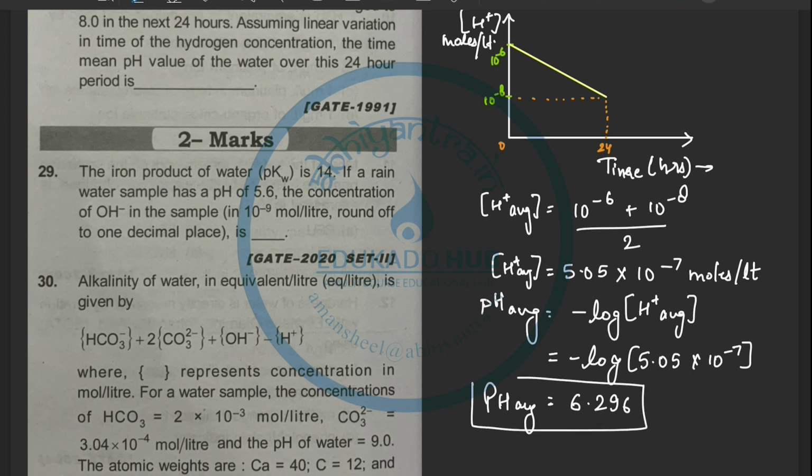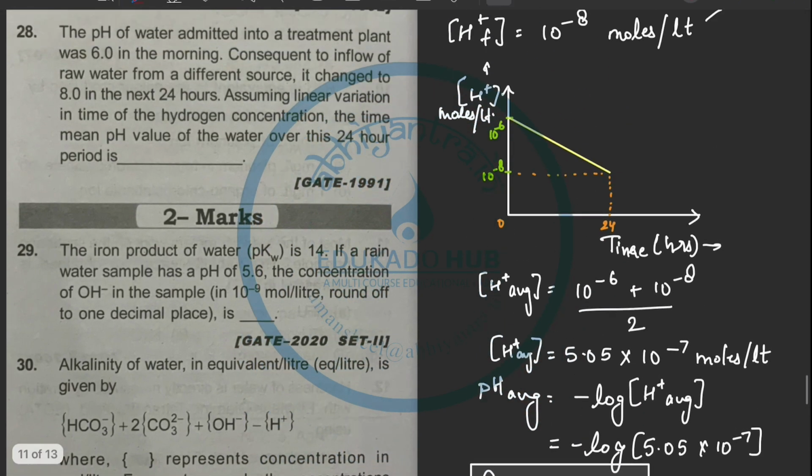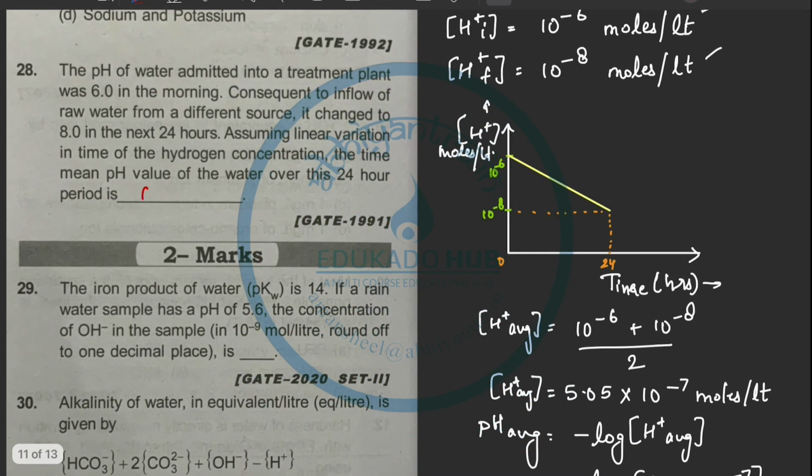This is the answer. So the answer will be 6.296. They haven't said up to how many decimal places, so I have got the answer 6.296. I can put it there.